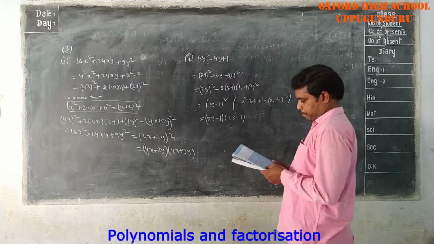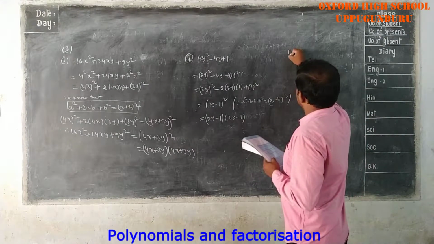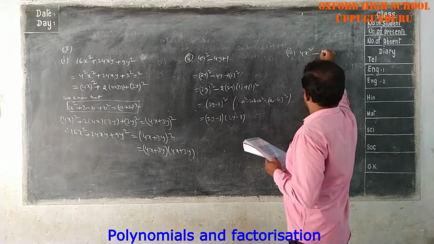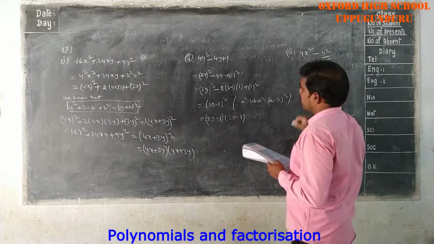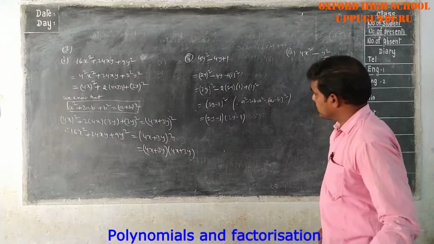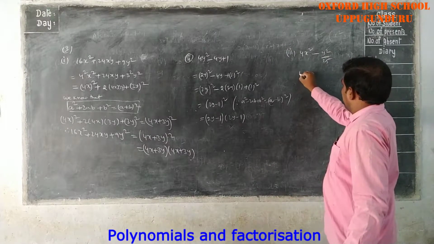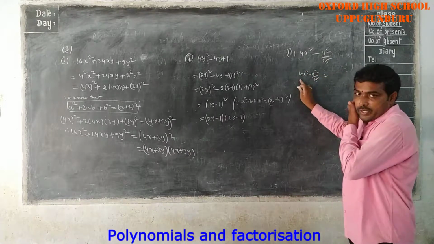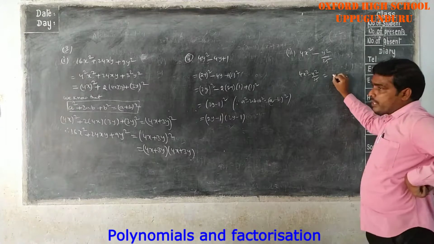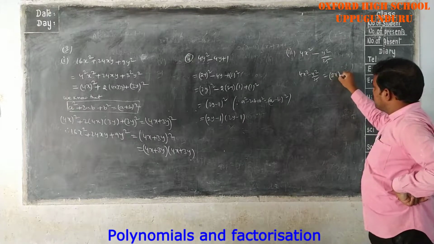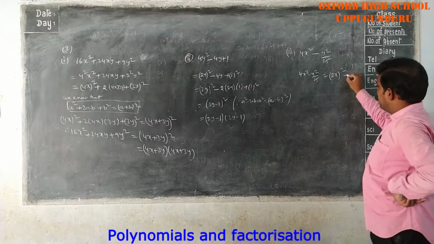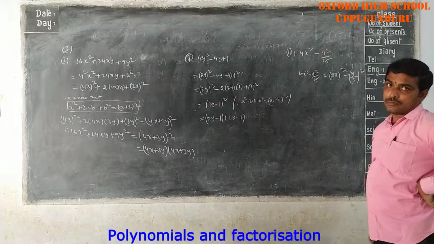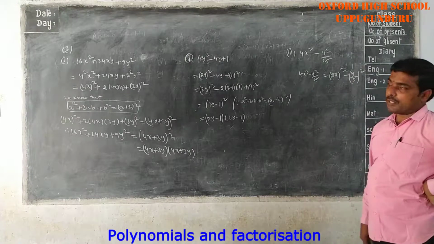Next, third one, 4x square minus y square by 25. So 4x square minus y square by 25 equals, 4 you can write as 2 square, so 2x whole square minus y by 5 whole square; 25 you can write as 5 square.